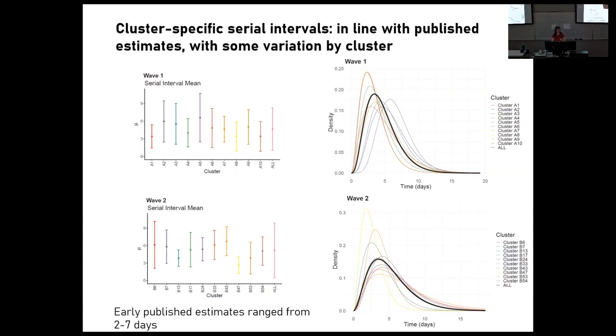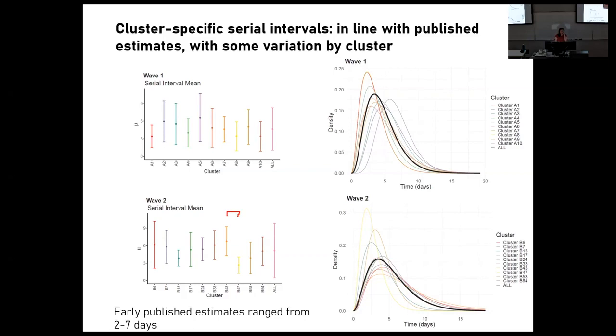In general, we're not getting super huge estimates, particularly within wave, but there is some differentiation between them. Here in the second wave, we get these two clusters where the confidence intervals completely don't overlap.